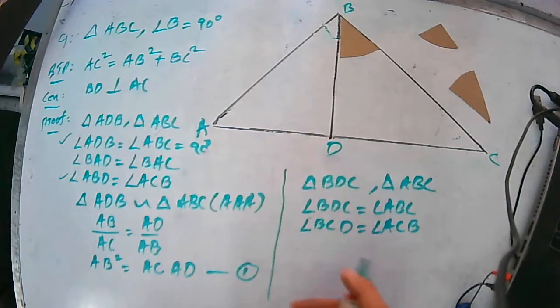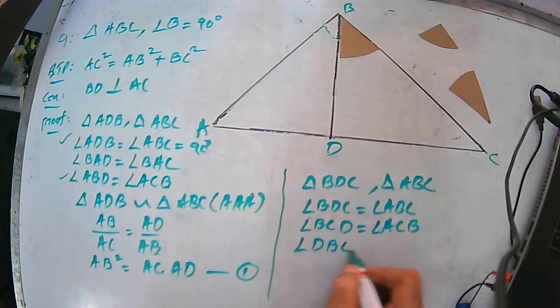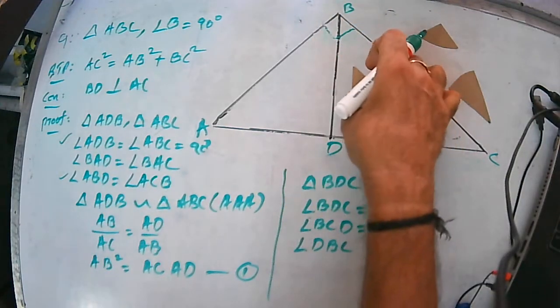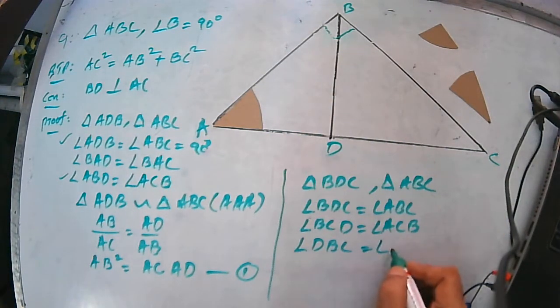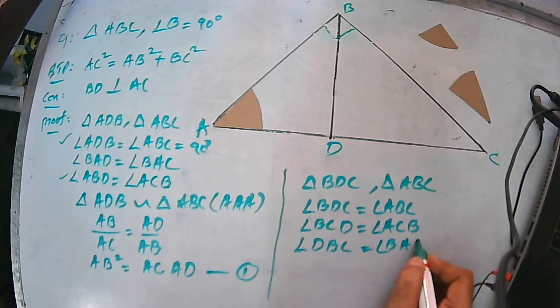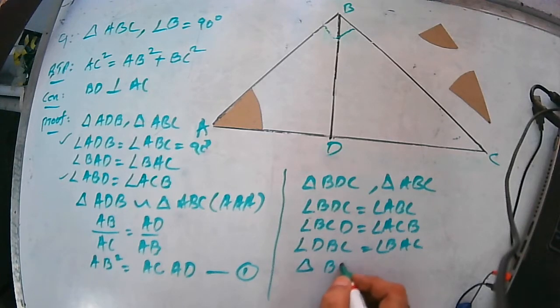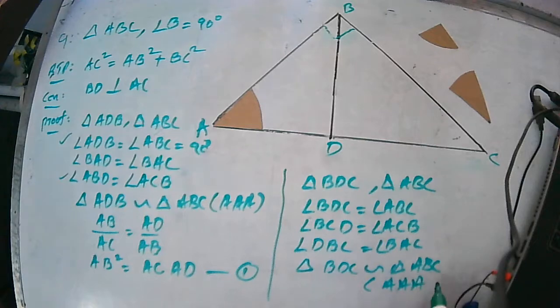So in this triangle, angle DBC is the third angle, and the same angle we can see here, that is angle BAC. Therefore we can write triangle BDC is similar to triangle ABC based on the AAA similarity theorem.